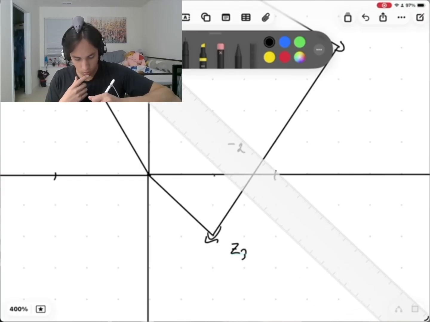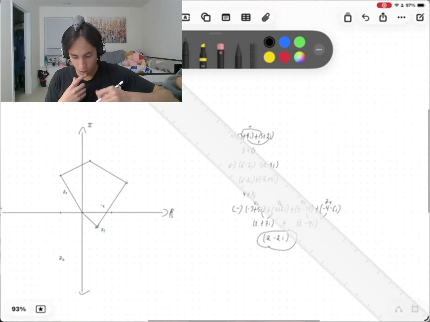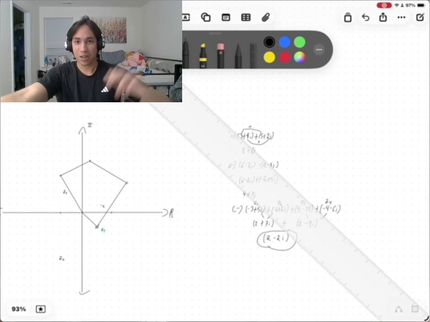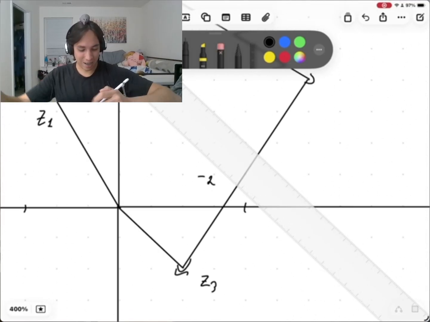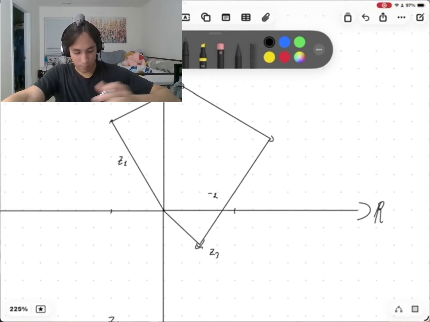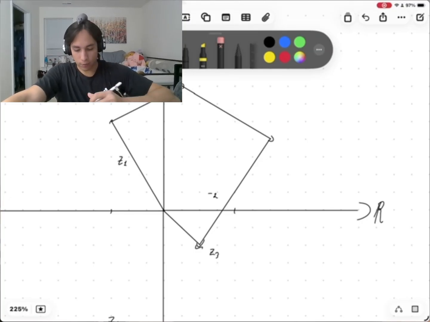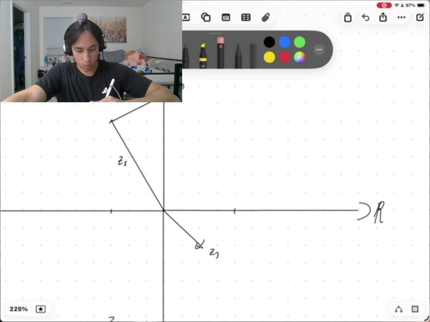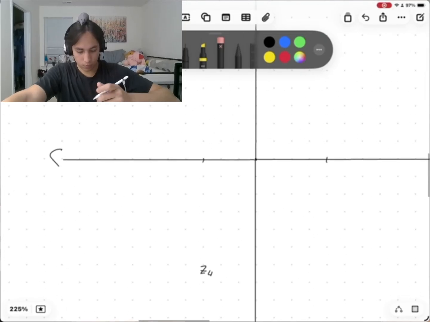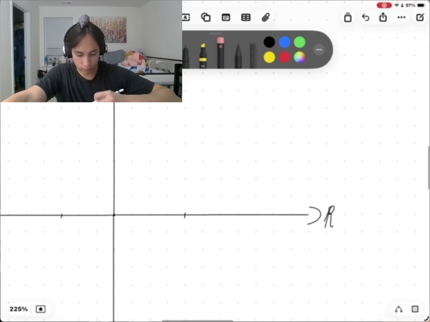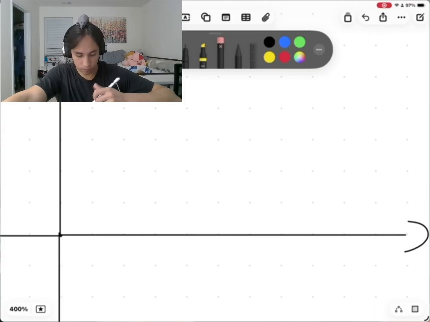So it's 1, 2, 1, 2, 2. Oh, 2, -2. I completely forgot the answer. Yeah, that's the answer. There you go. That's how you add and subtract graphically with complex numbers. This also applies to vectors. Only to vectors, sadly.